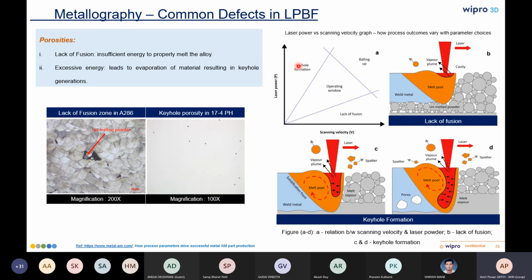Dr. UC might have spoken about it, but I'm speaking about this PV space again from the materials perspective. Between these two extremes lies an operating window where we will achieve good part density.